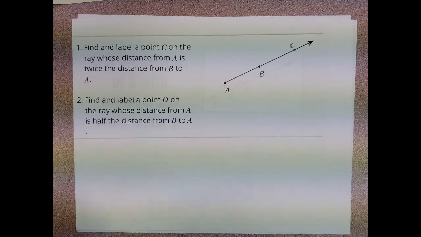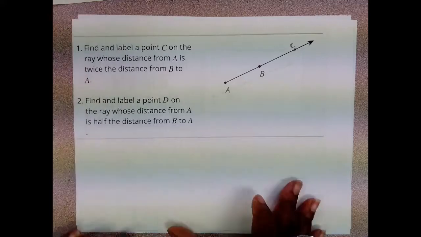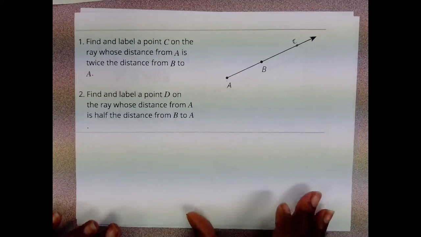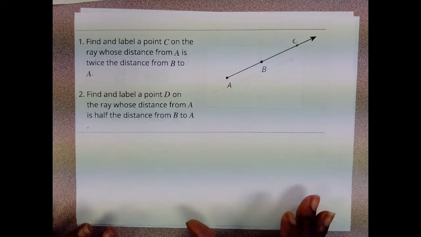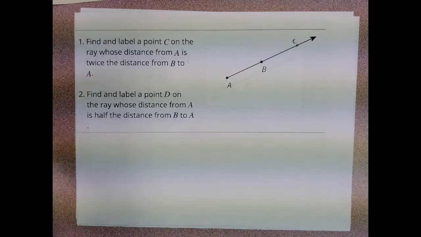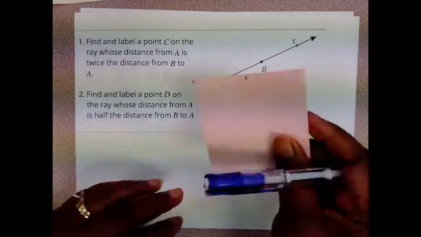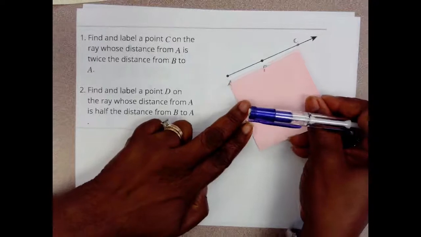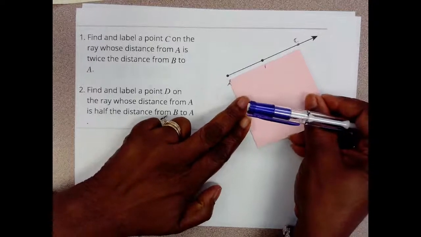On your paper, make sure you're able to do that. For question number 2, it says to find and label a point D on the ray whose distance from A is half the distance from B to A. So if you look at the distance of A and B again, I'll just use my marker again.